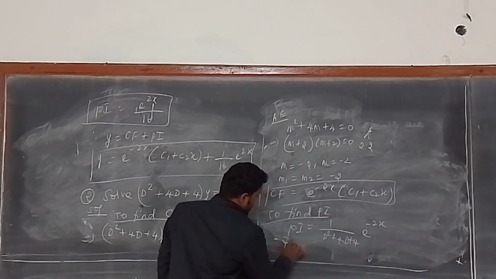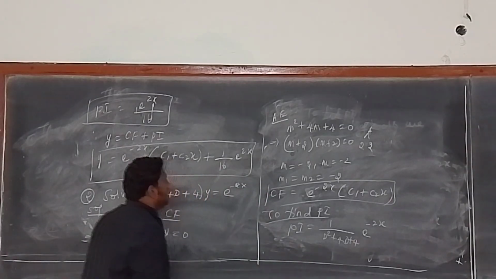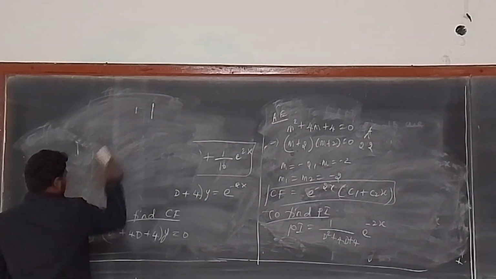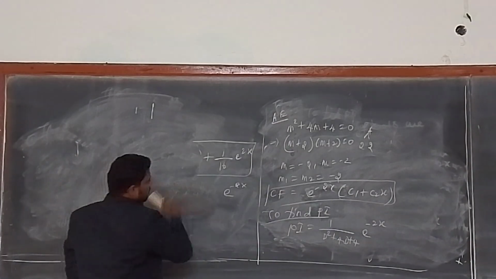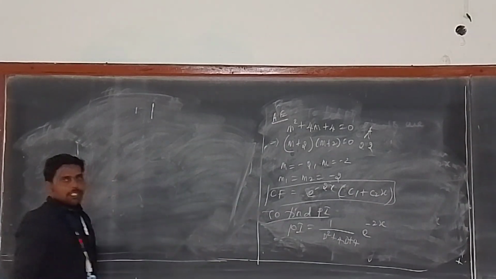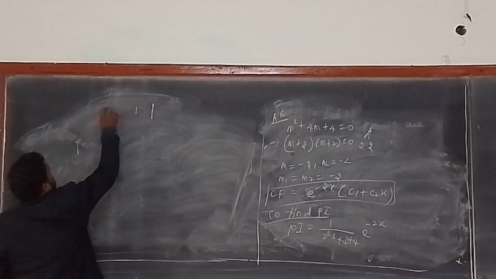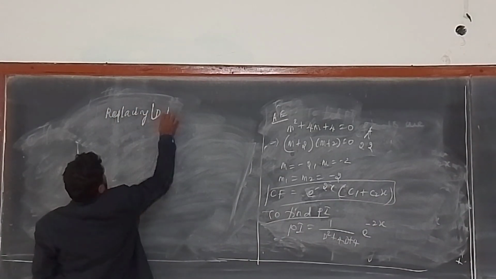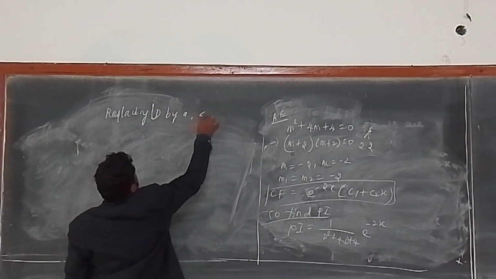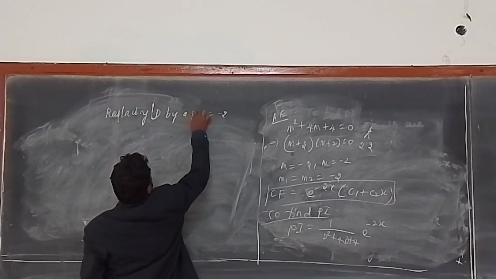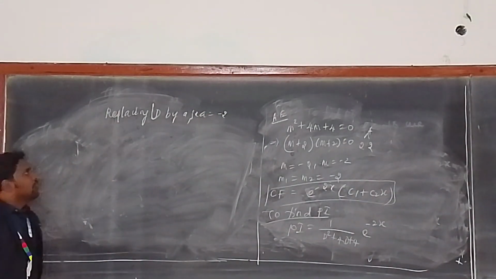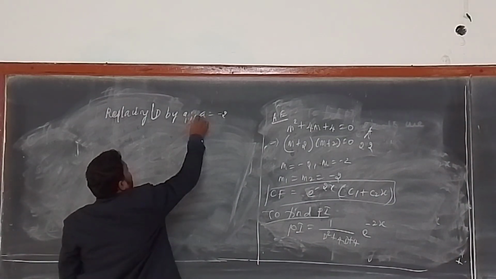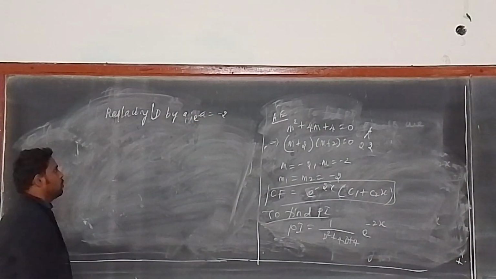Now replace D by a, where a is equal to minus 2.